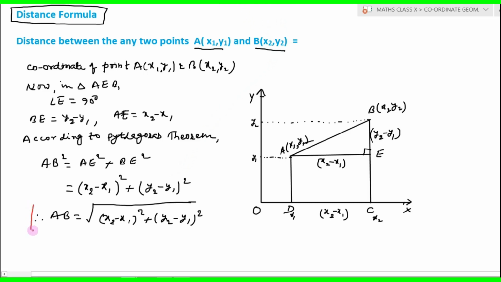This formula is known as the distance formula.